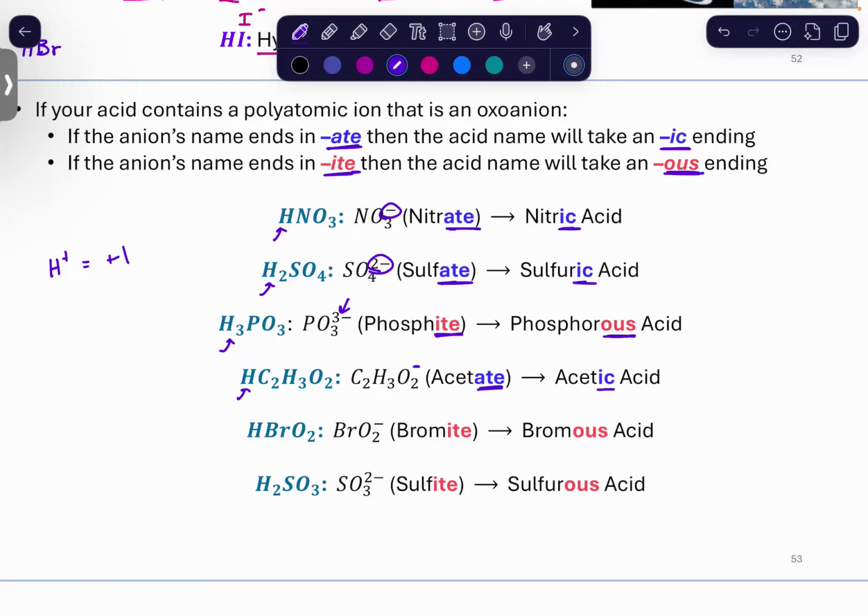Here we have bromite, -1, max of 1 proton. ITE becomes bromous acid. And here we have sulfite, again a -2, maximum of 2 protons. Sulfite becomes sulfurous acid.